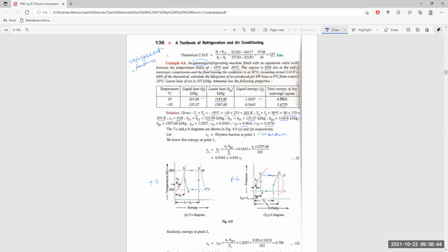The latent heat at lower temperature is given as 1297.68 divided by 273, where T2 is equal to T1, which is equal to 273. So this equation S1 becomes 0.5443 plus 4.934 X1.